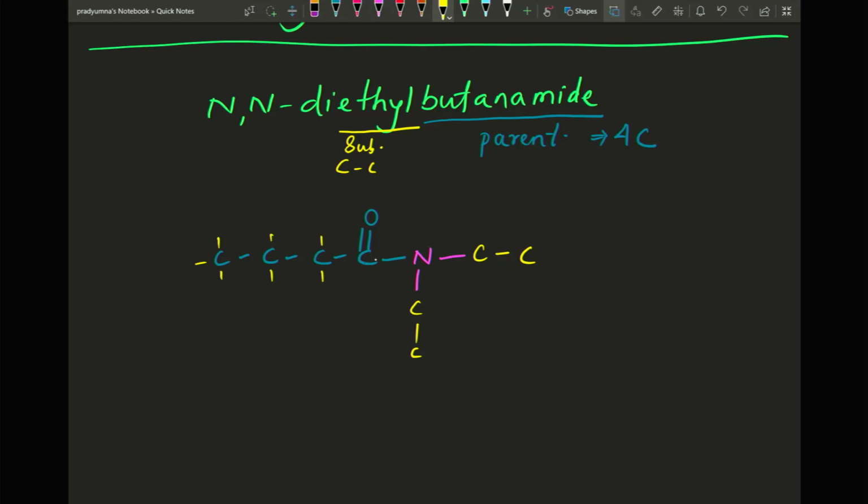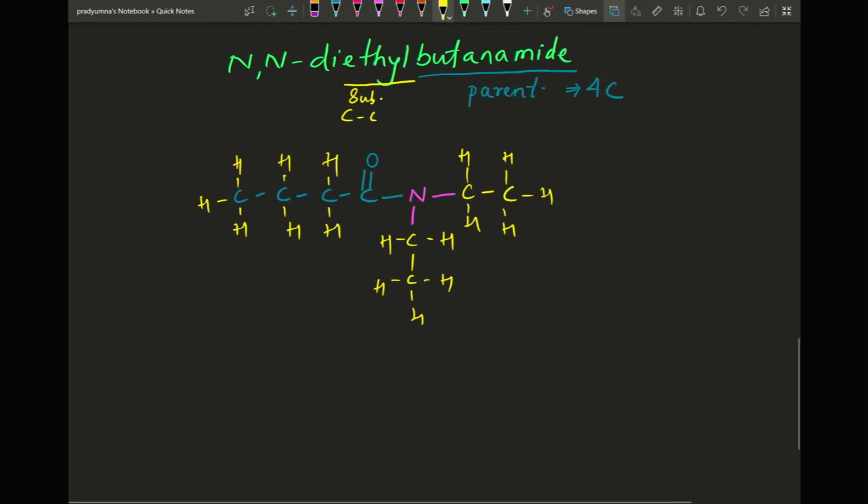Carbon already has 4, nitrogen already has 3. Okay, so if I add hydrogens, this is our expanded structure.